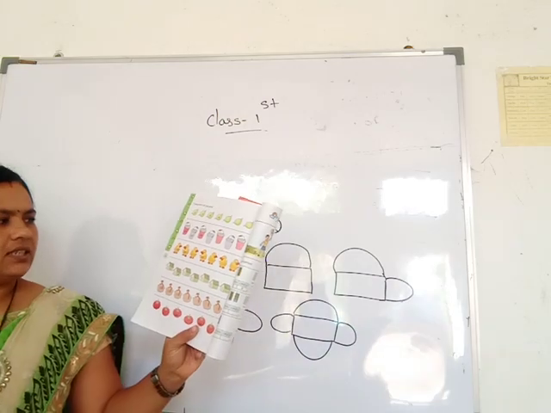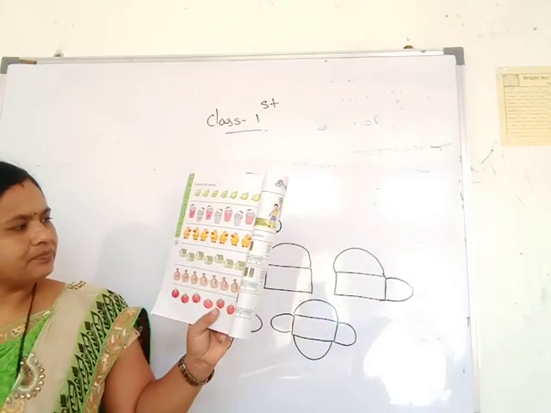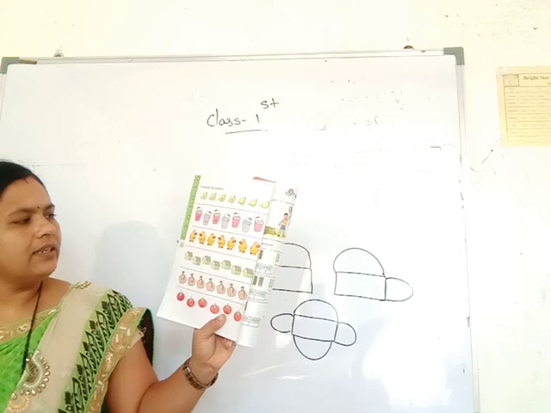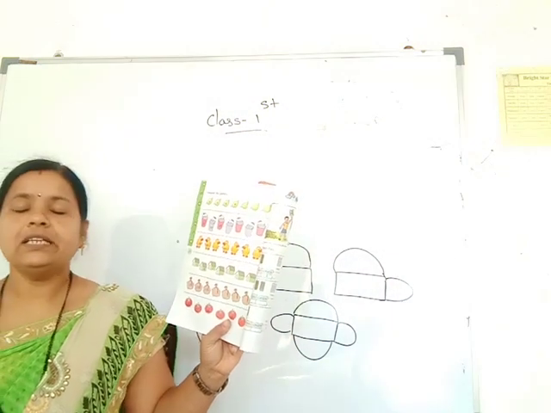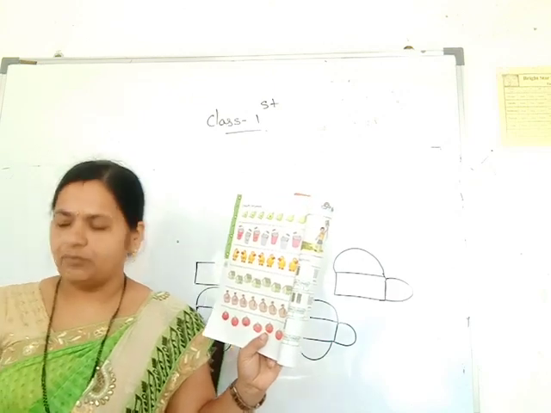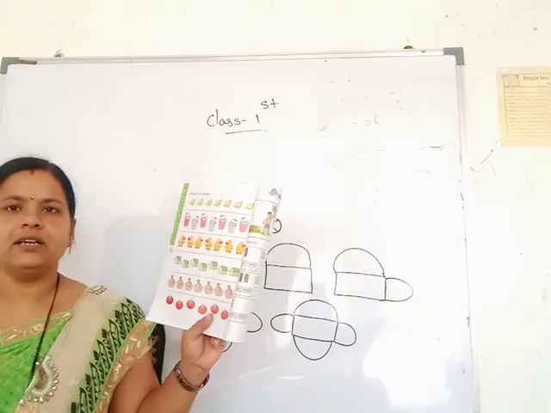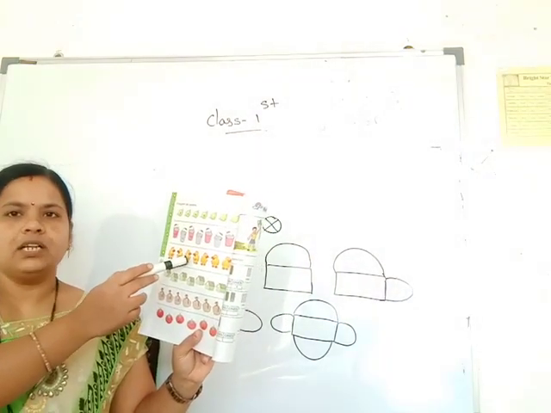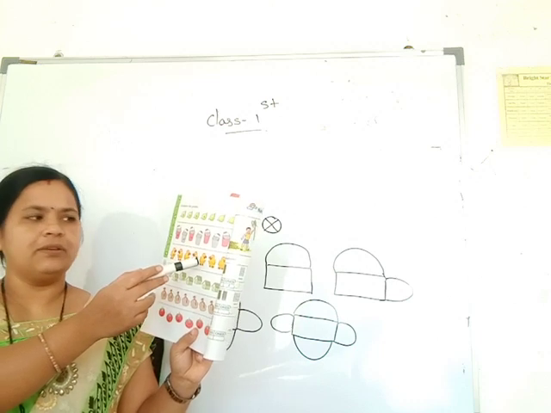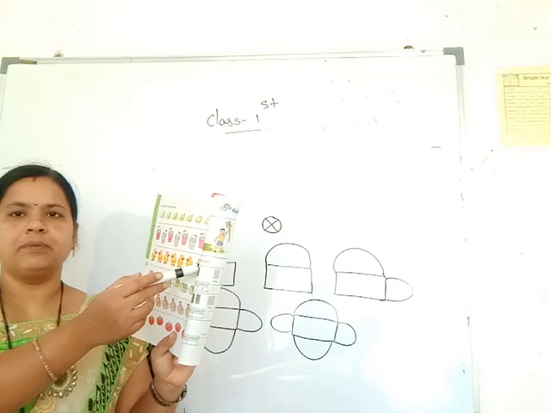Then next one, see this picture of birds, and numbers given here: 25, 30, means adding 5 each time. In 25 you add 5, then in 30 you add 5, 35 again add 5, 40, 45, then 50 and last number you write 55.